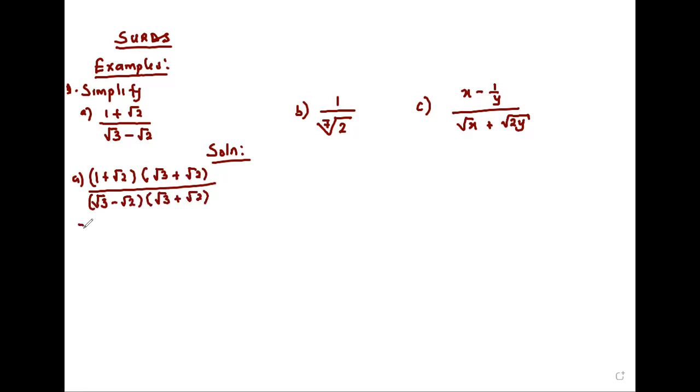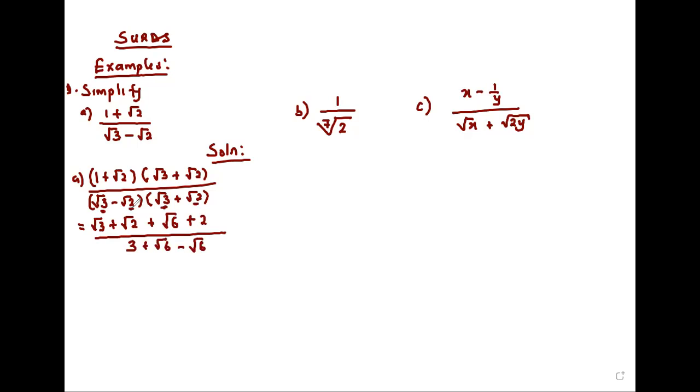That would be 1 by root 3, we have root 3, plus root 2 plus root 3. Root 2 times root 3, we get root 6. Root 2 times root 2, we get 2, over root 3 times root 3, we have 3. Root 3 times root 2, we have root 6 minus root 2 times root 3, we have root 6.